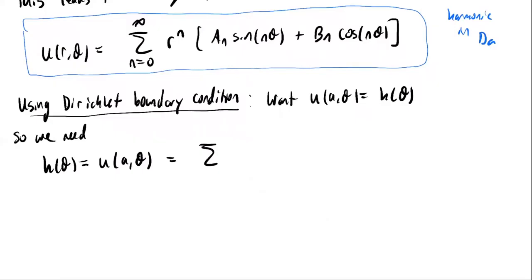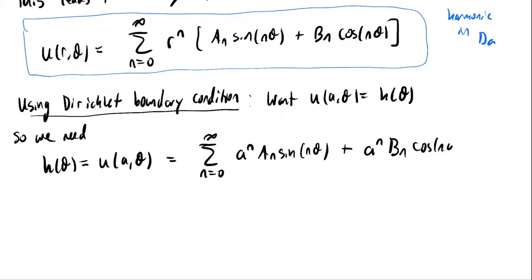So this is equal to the sum from n equals 0 to infinity of a to the n times an sine of n theta plus a to the n times bn cosine of n theta. If we look at the first term here, then this is the sine Fourier coefficient of h as a function of theta.